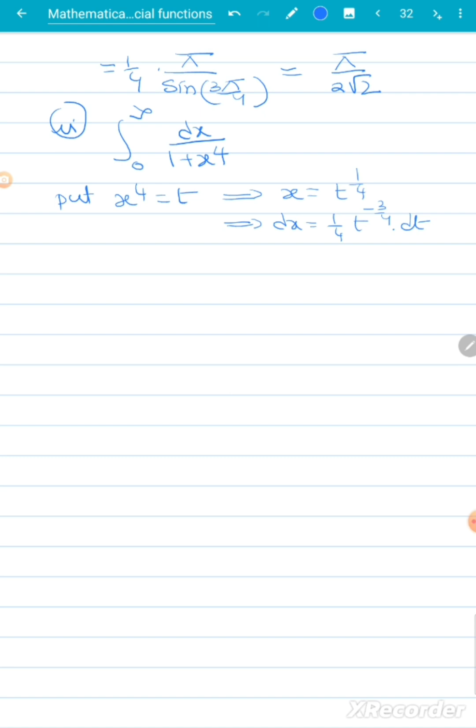The limits don't change, so this is equal to the integration from 0 to infinity of 1 by 1 plus t into 1/4 into t to the power of minus 3/4 into dt. So this is equal to 1/4 into the integration from 0 to infinity of t to the power of 1/4 minus 1 by 1 plus t into dt.